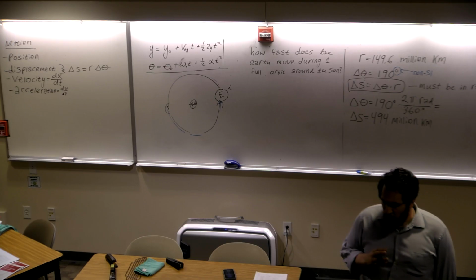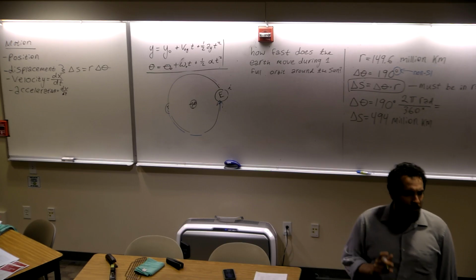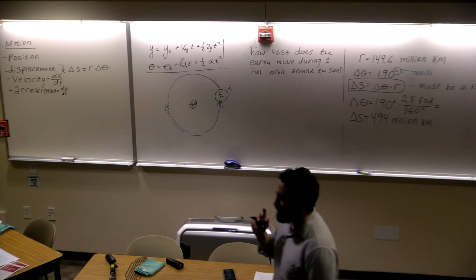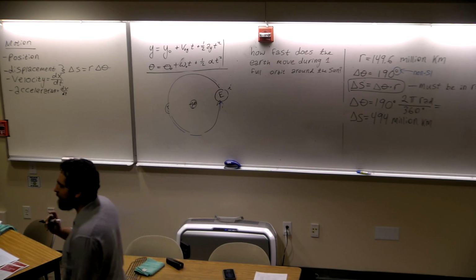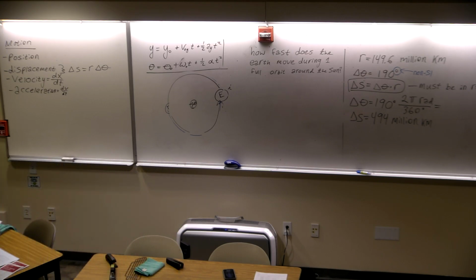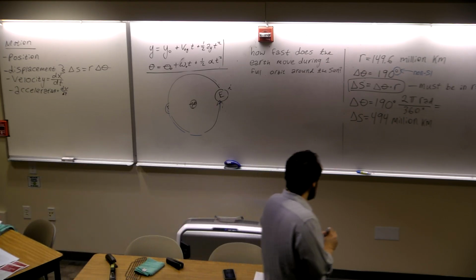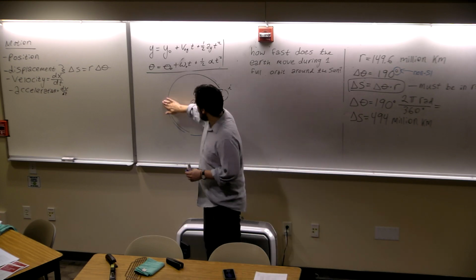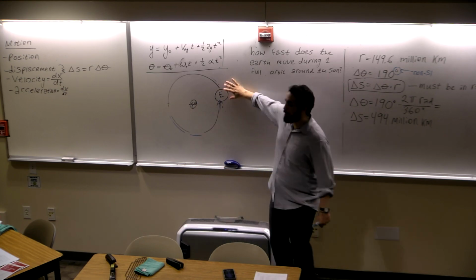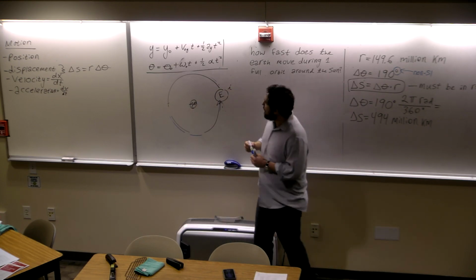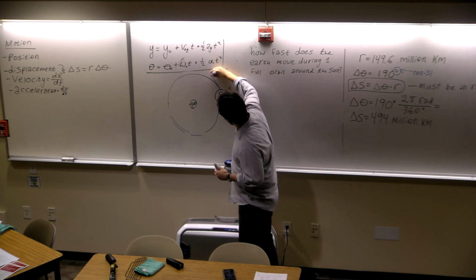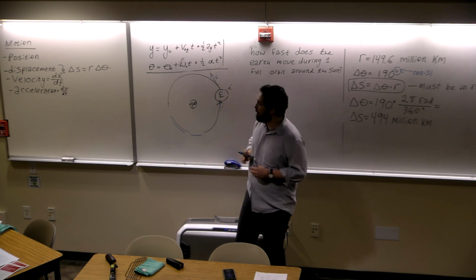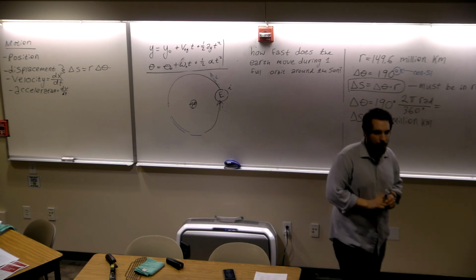And I use this word fast because I specifically want to look at speed. I want to know how fast the Earth is going. That's speed, not velocity. And why do I make this choice? Well, because as the Earth moves throughout its orbit, when it is located perhaps at this point around the sun, it is going to be moving, generally speaking, up and to the left, right?